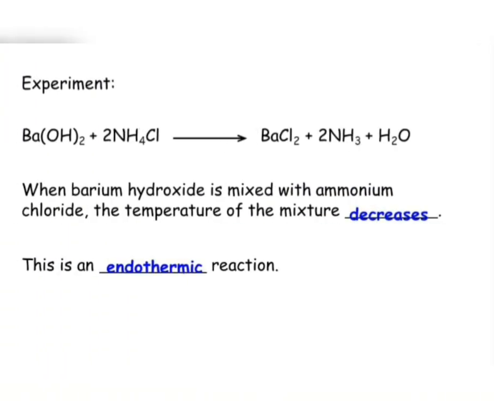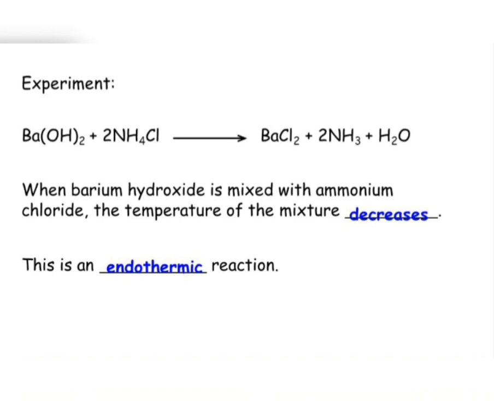Now let's take barium hydroxide, and whenever this barium hydroxide is added to ammonium chloride, say taken in a test tube and mixed with a glass rod, you will see that barium chloride, ammonia and water are formed there, and during this reaction a lot of heat energy is absorbed, due to which the temperature of the reaction mixture falls and the bottom of the test tube or beaker becomes very cold, and that shows that the temperature has decreased.